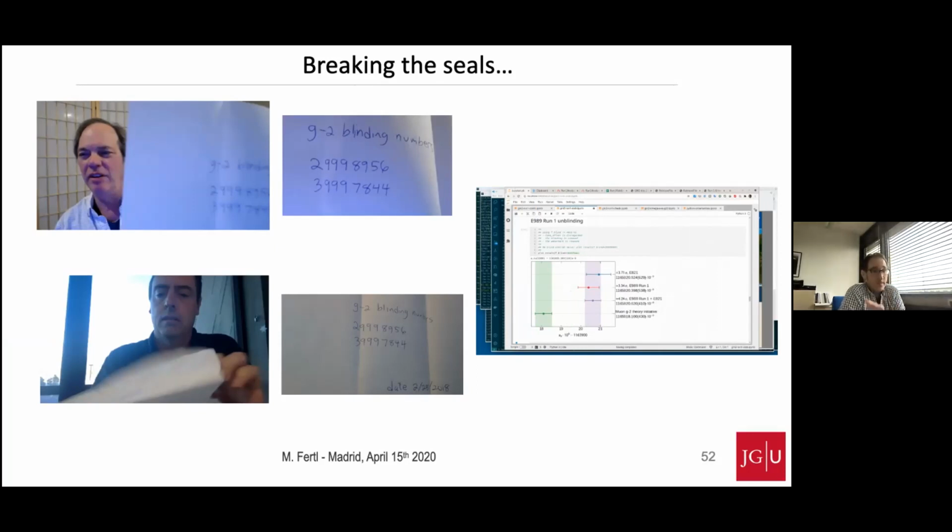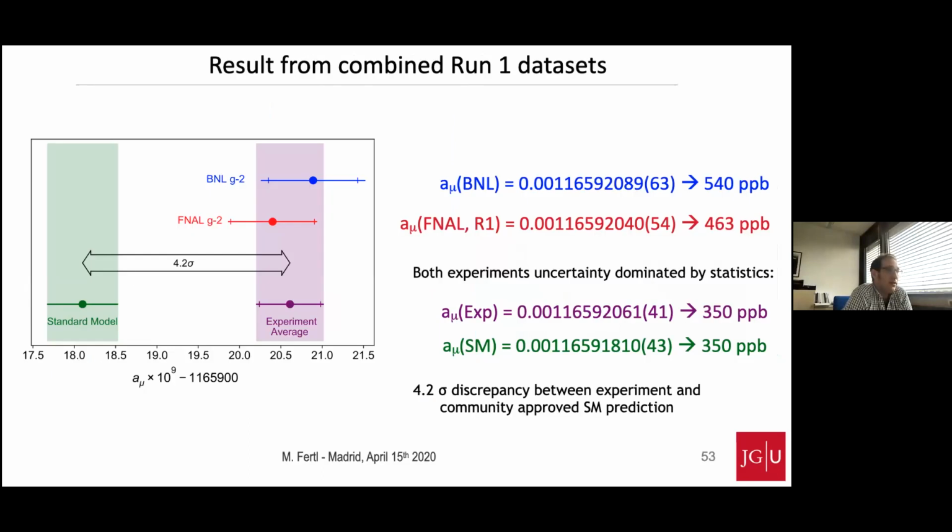We confirm 821. And so you see within seconds, basically, after we typed in the number in the prepared script, we had the result on the screen, and that is also what we then published. And so let me summarize the results from our measurement.